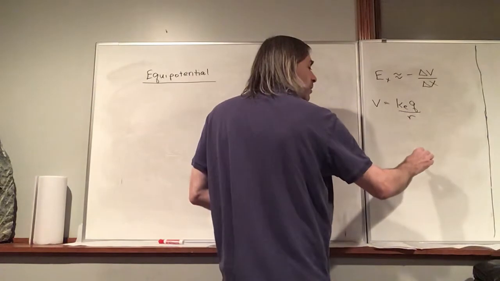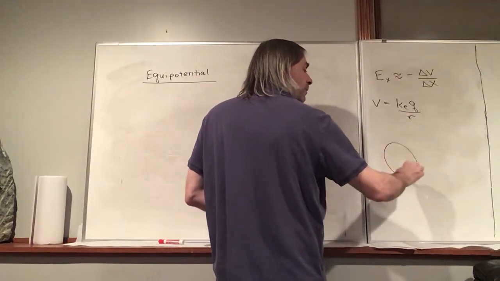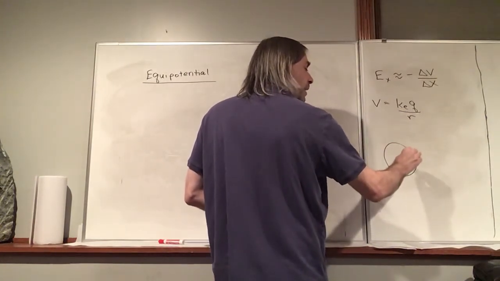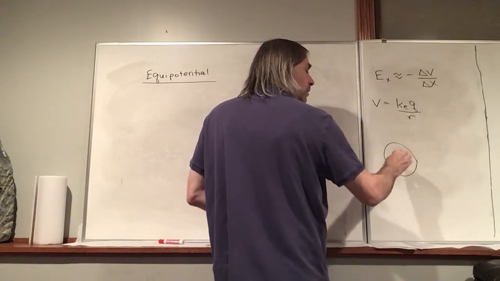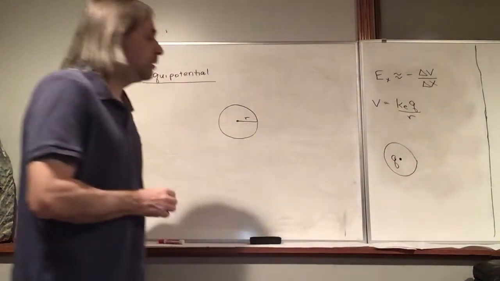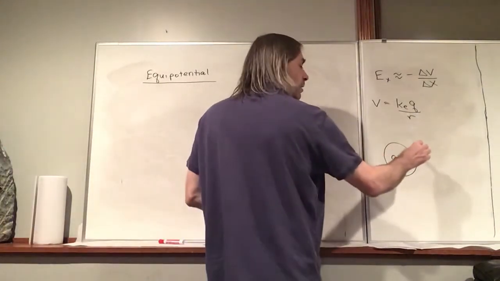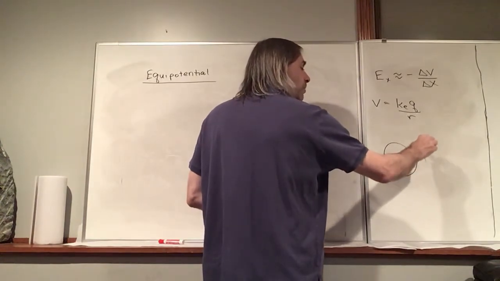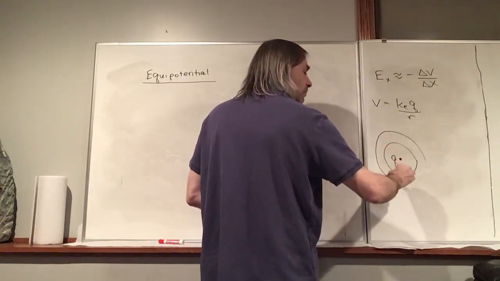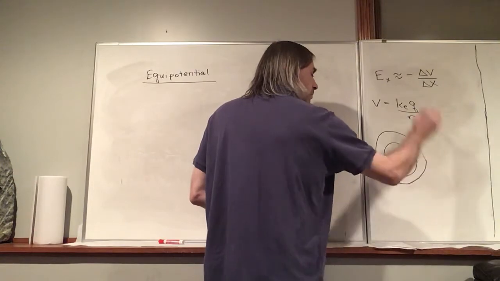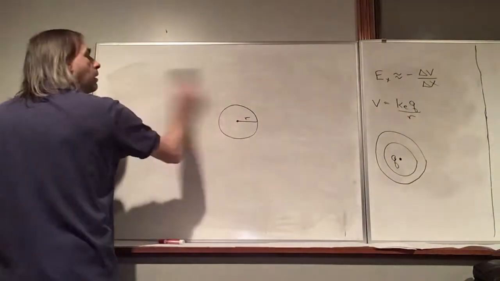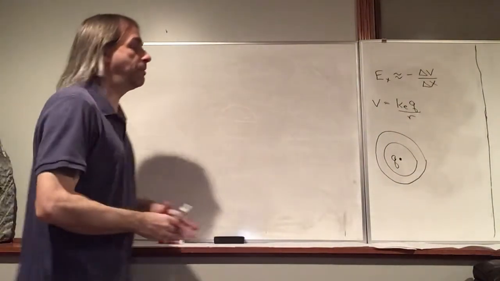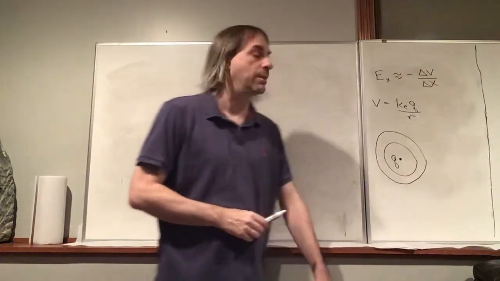I'm going to move this picture over here. So say we have a charge here, then I'm going to draw 2 equipotentials. Okay, so I drew 2 equipotentials because they're at different distances.